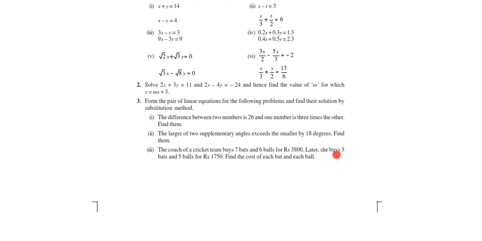Later she buys 3 bats and 5 balls for rupees 1,750. Find the cost of each bat and each ball. So it's a very simple question. 7 bats and 6 balls total cost 3,800, and 3 bats and 5 balls total cost 1,750. So what is the cost of one bat and one ball? We can easily calculate it by making equations.